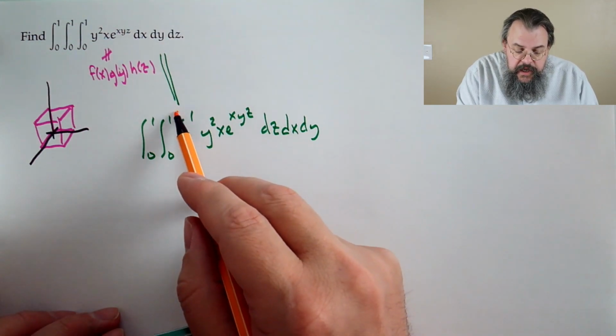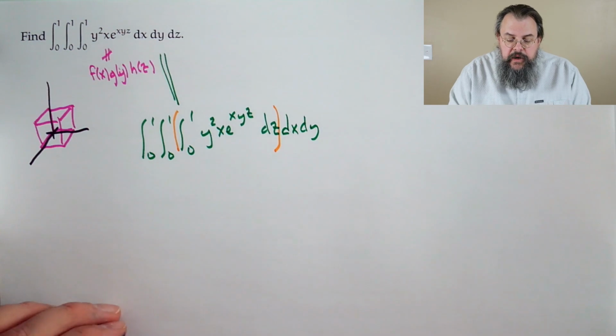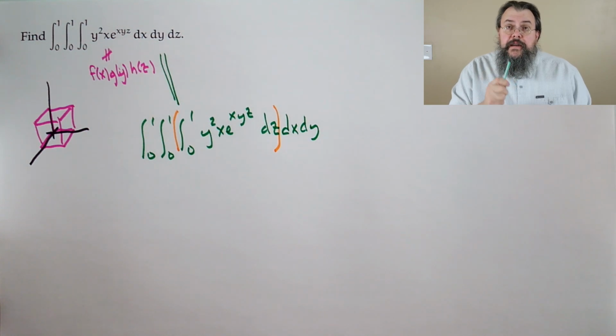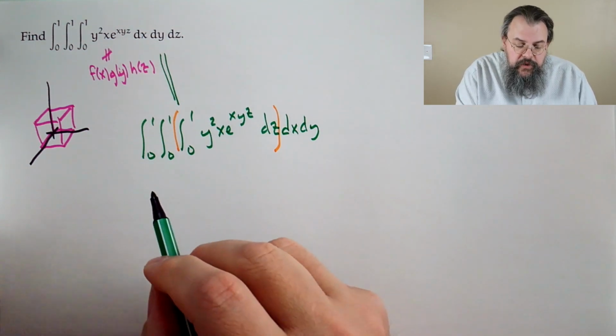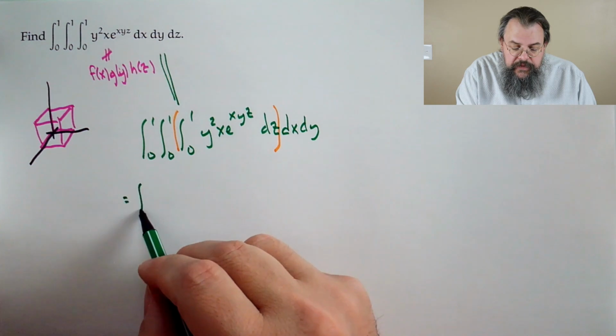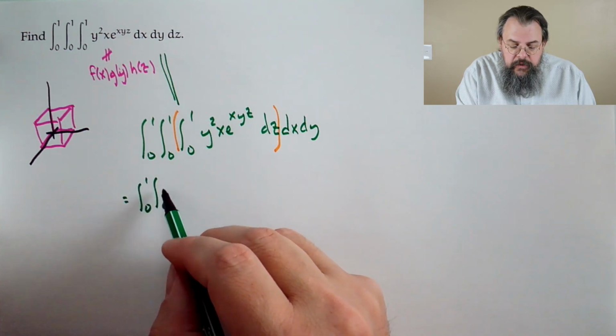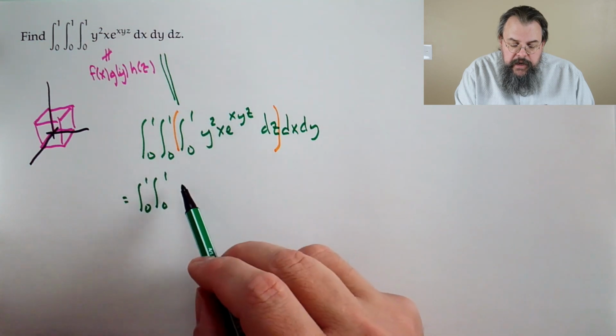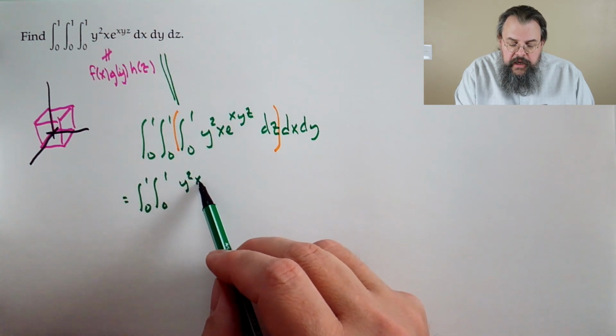So our first layer. So here, we're integrating with respect to z. So x and y are going to be treated like constants. So when we integrate, well, we'll still have the outside layers, 0, 1, 0, 1. And now, well, this y squared x will still be there, okay.